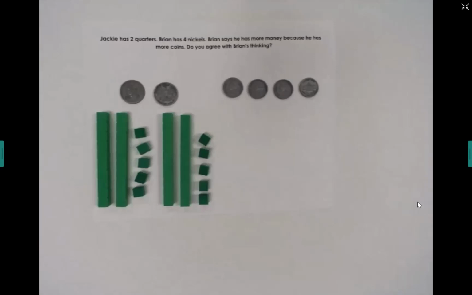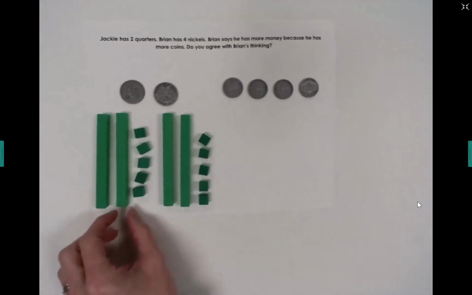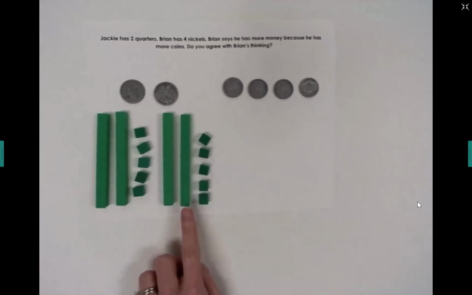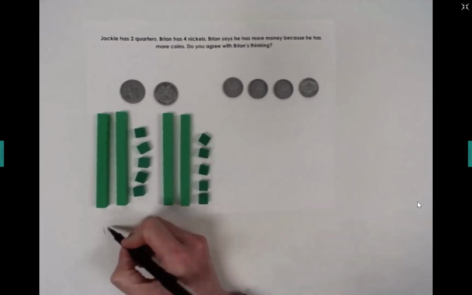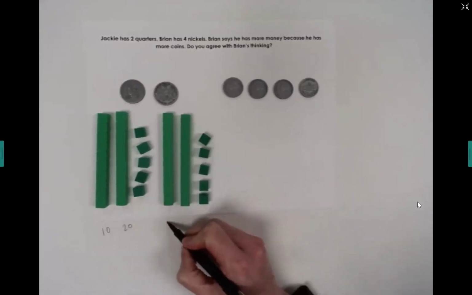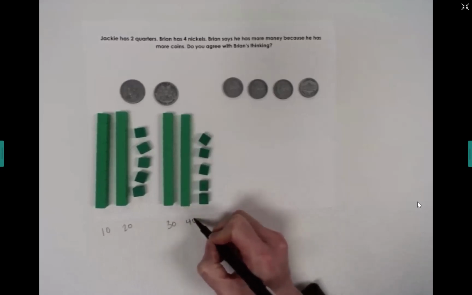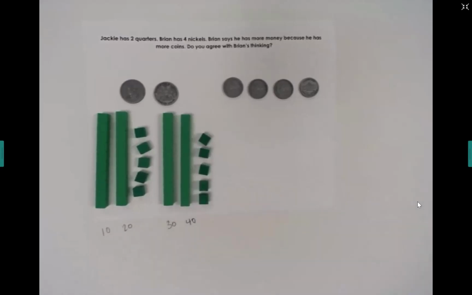So one way that I can do this is I see I have some tens. So I could start by labeling and counting by tens to find the value, and I could count 10, 20, 30, 40, right?